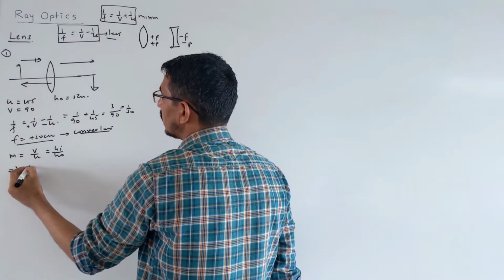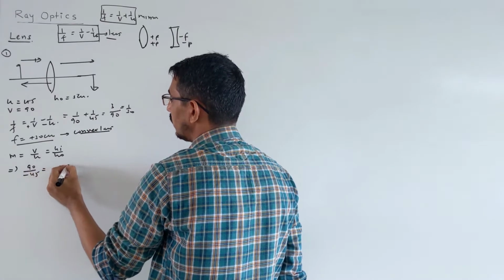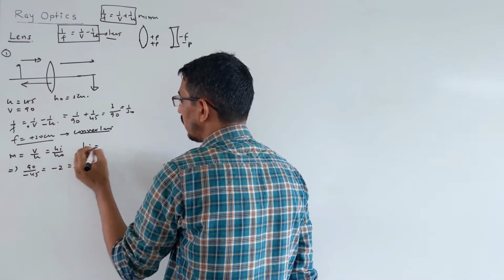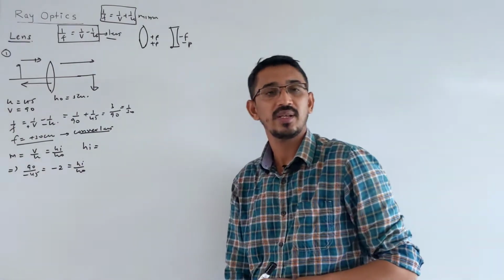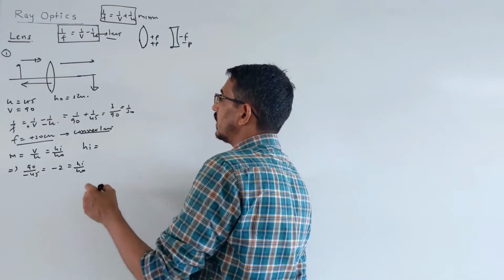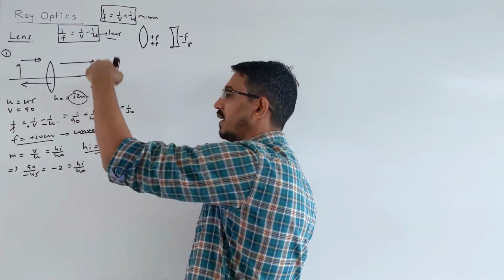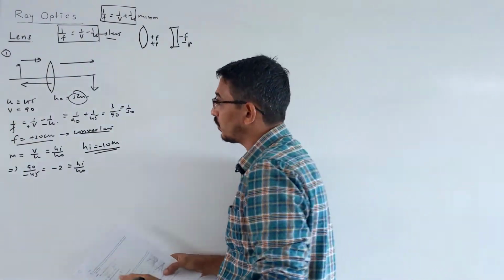So it becomes 90 by minus 45, that is minus 2, equal to hi by h naught. So the height of the image will be 2 times the height of the object, and it's coming negative. Negative means a real image, you know, right? The object height is given as 5, so that becomes 10 centimeter, negative. Negative means the image will be downward. Clear? Okay.